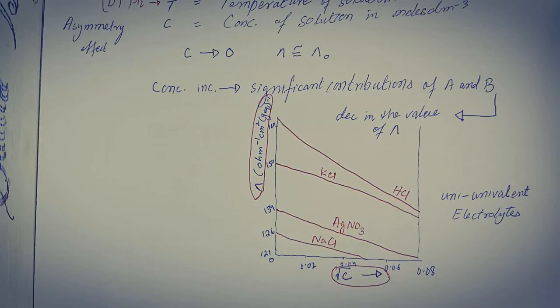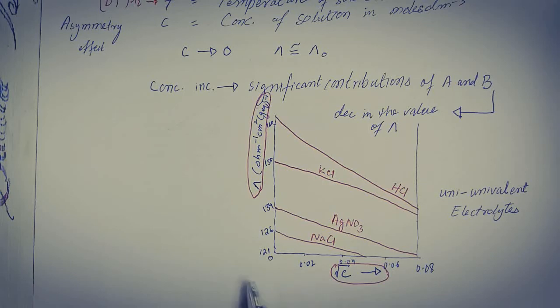From here we can see the square root of concentration is given, here we have 0.08, but the concentration of the solution is actually very dilute. So these straight lines following the Debye-Huckel-Onsager equation are actually at very dilute concentrations.